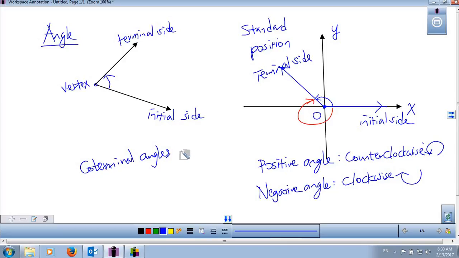I usually use a shorthand symbol, like if I draw something like that, it means an angle. So coterminal angles means angles that have the same terminal side.